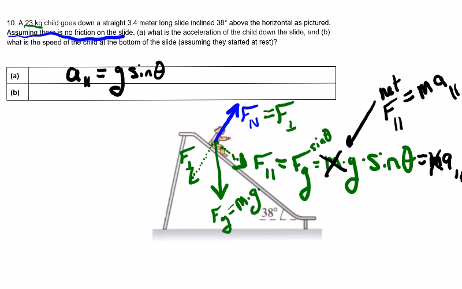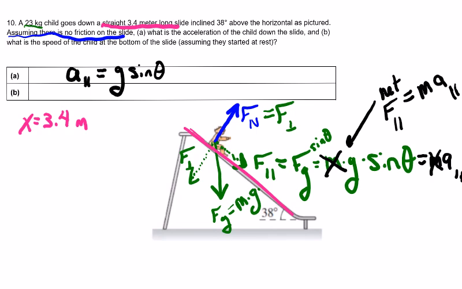Then for the second part, to figure out how fast they're going at the bottom, this is going to use an old kinematic equation. We know how long it is down the incline, so I treated that as an x along the incline. In other words, I'm treating along the incline as an x direction.